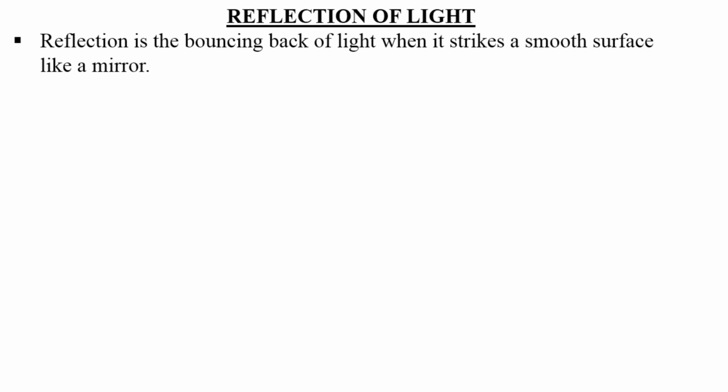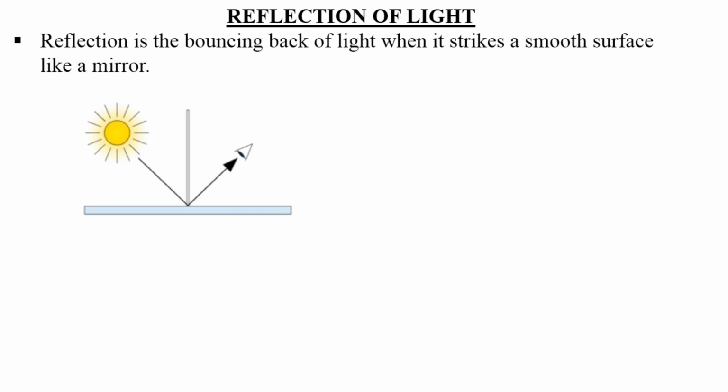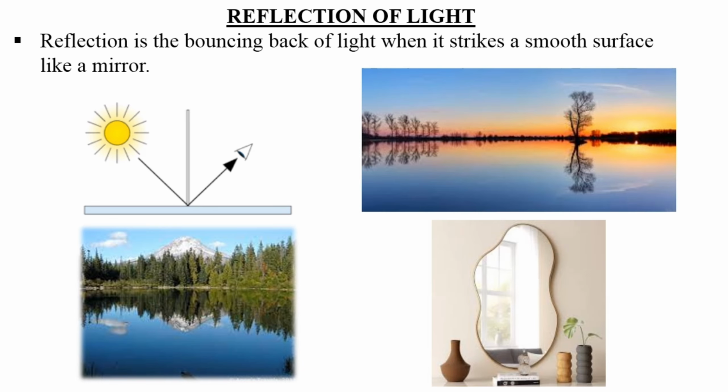So, next we study reflection of light. Let's learn about reflection of light. We know that reflection is when light bounces back after hitting a smooth surface like a mirror. Imagine shining a flashlight at a mirror.